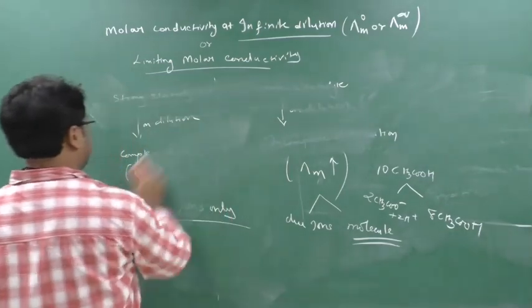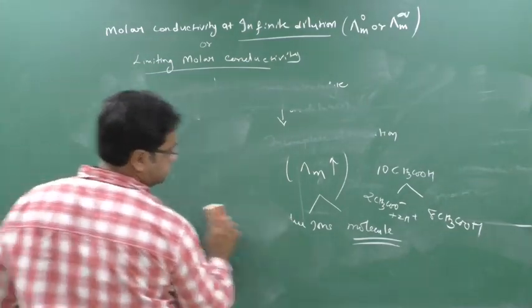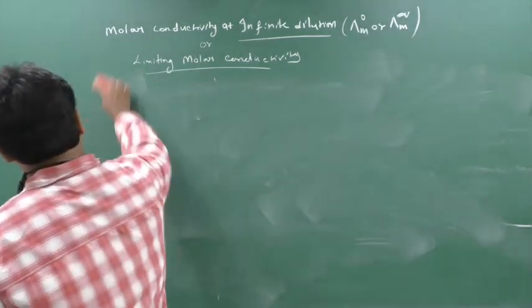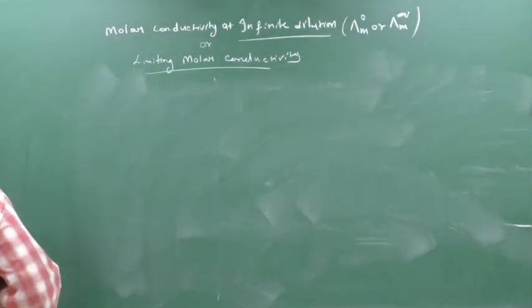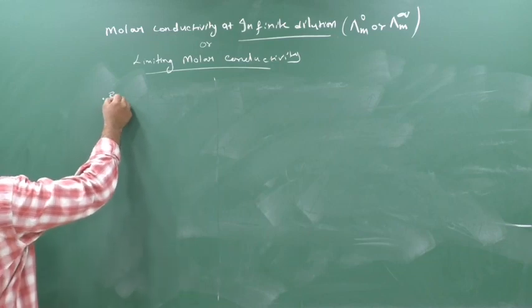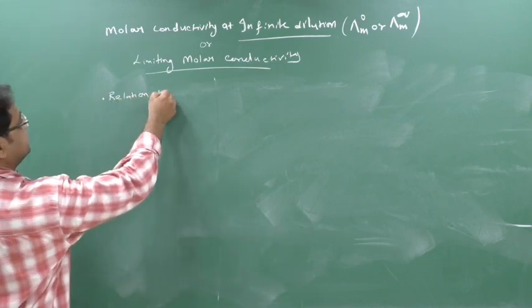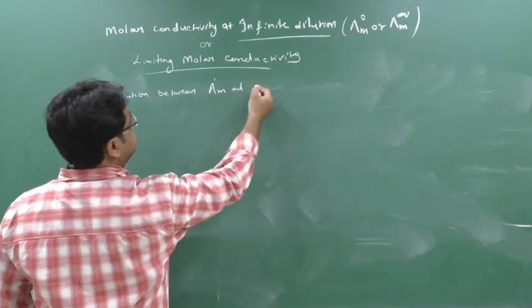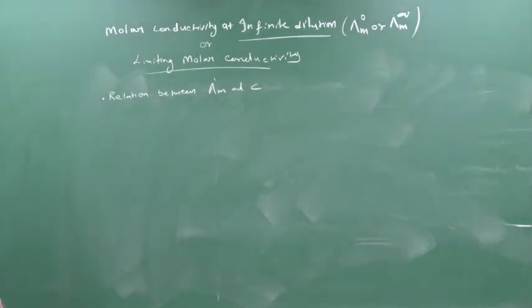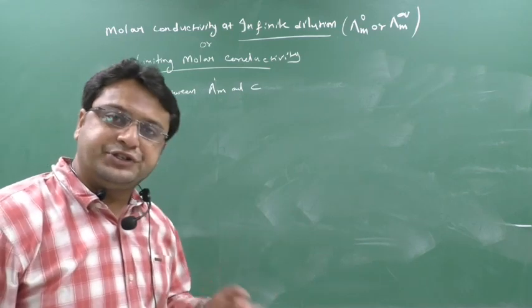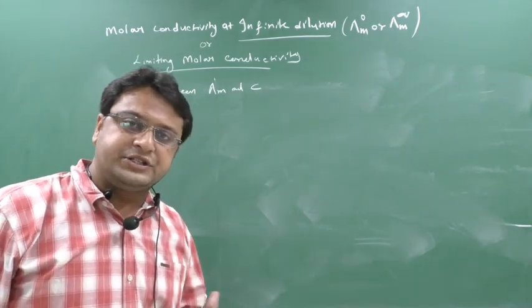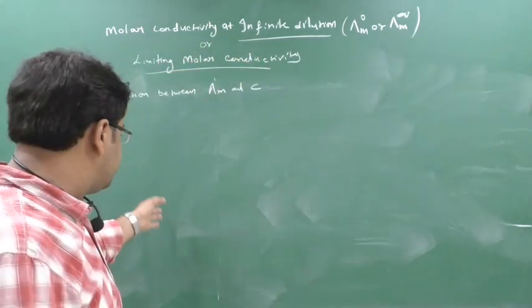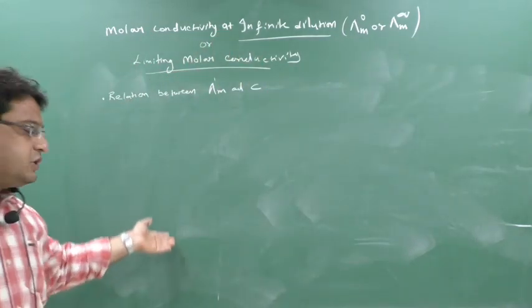Now we have to study the relation between lambda m and lambda m naught. So please understand, there is one equation which has been given, the relation between lambda m and C. Here molar conductance changes, concentration also changes, but the molar conductance at infinite dilution is constant, because just now we have seen that the value was constant.